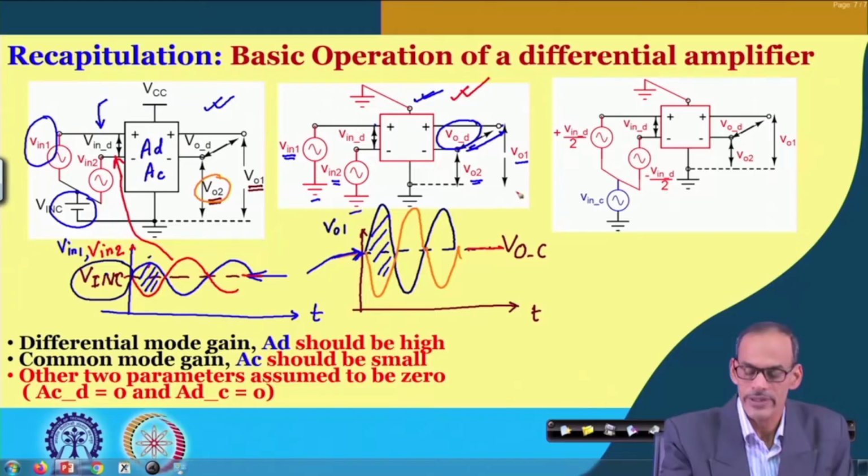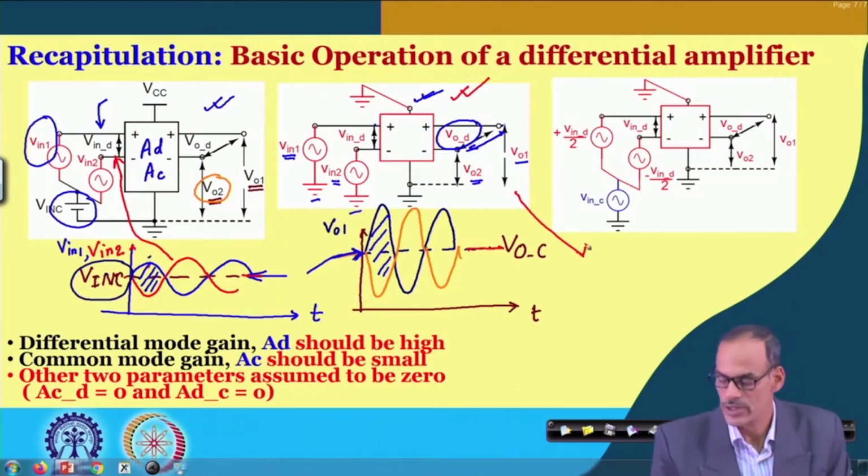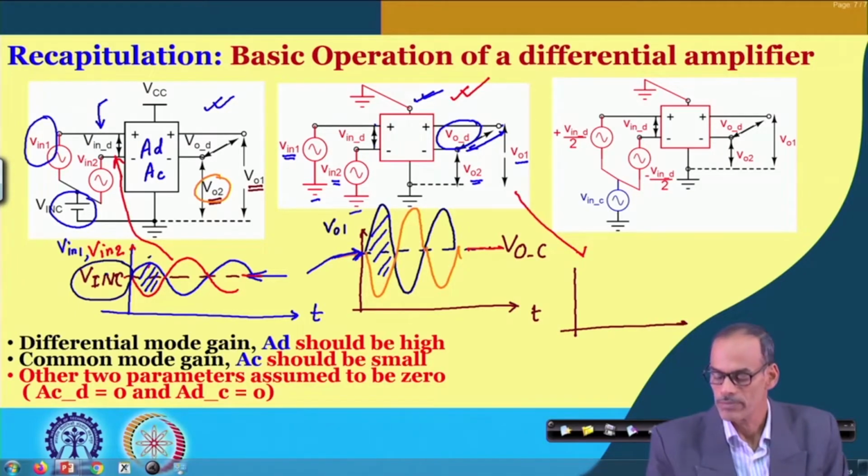So, in this circuit, whenever we will be talking about its corresponding input and output, the input is with respect to ground. So, this is one input and the corresponding complementary input is like this.